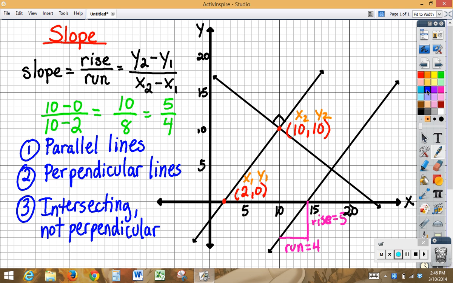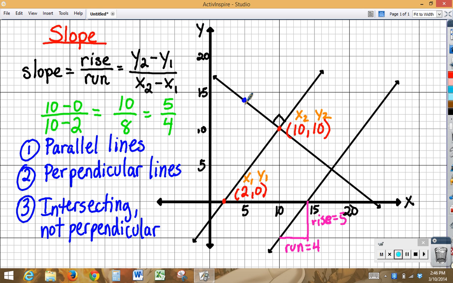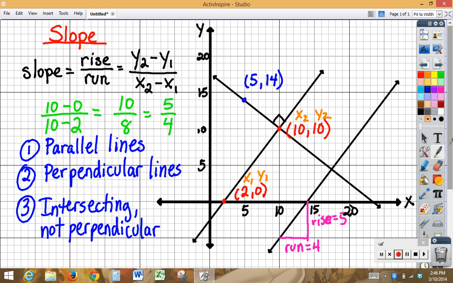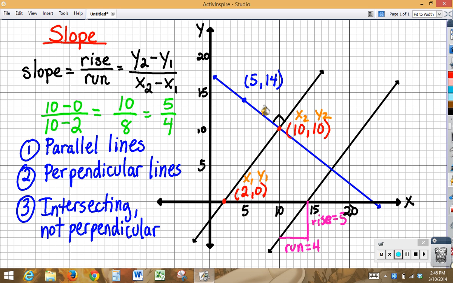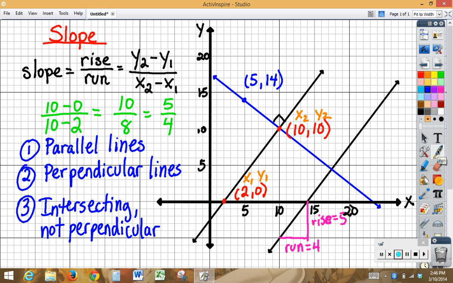So what we can say is, well, let's pick another point here. Let's pick that one. And the coordinates of this point are 5, 14. Okay. I'm going to color this line purple so that we can tell it apart, or dark blue at least. There we go. All right, so this right here is my perpendicular line. And I'm going to find the slope of this perpendicular line.